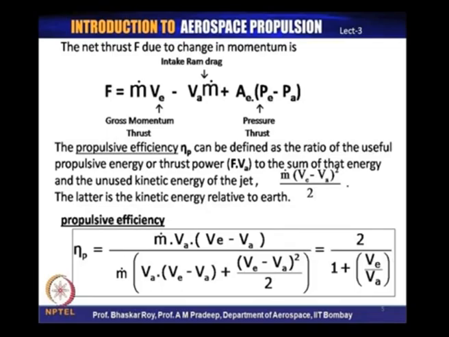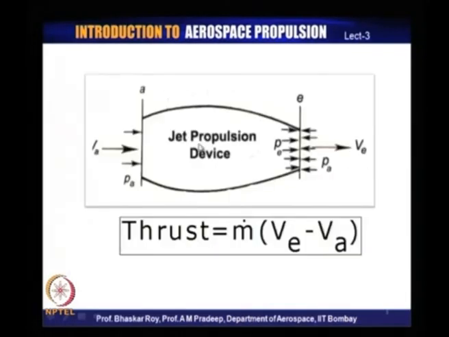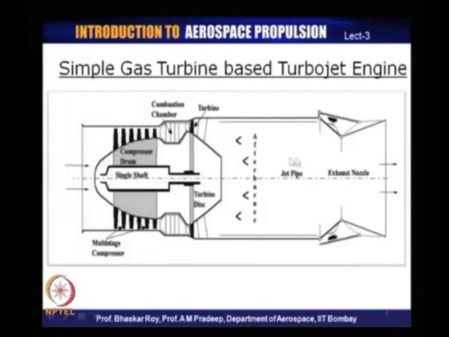One needs to understand that this pressure thrust actually appears when the exit velocity is not at its maximum, and a remainder of the kinetic energy that is being produced through these propulsive devices appears as a pressure, and gives you pressure thrust.